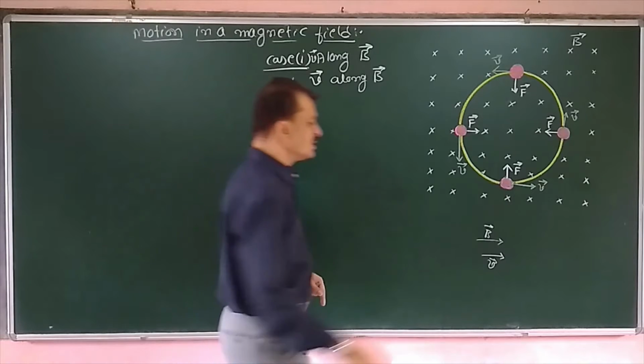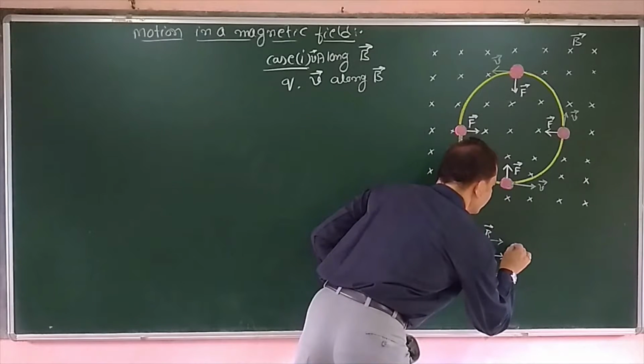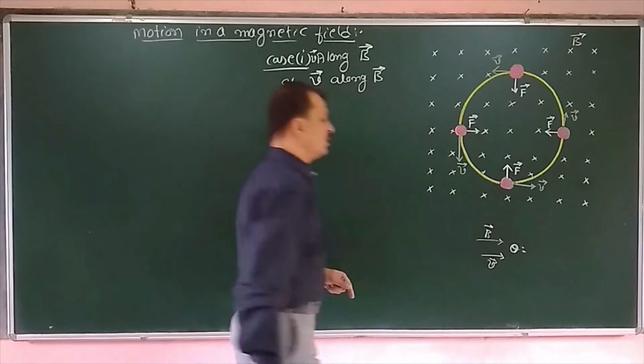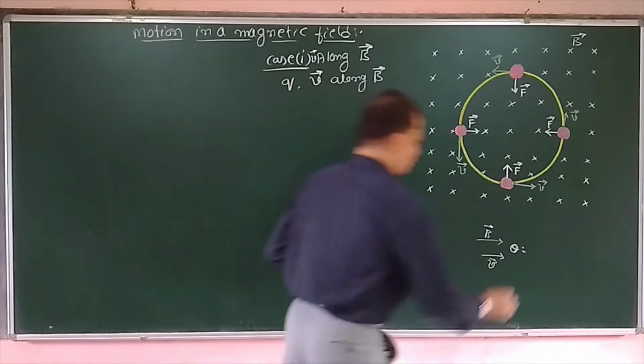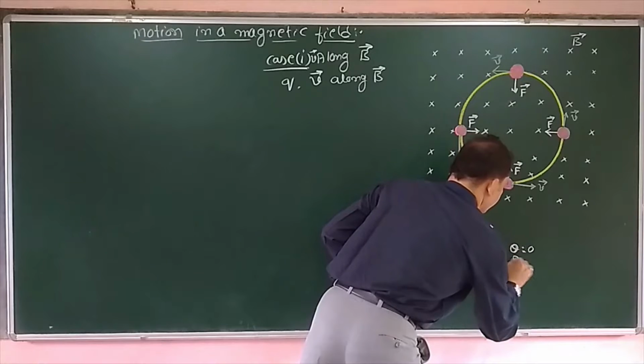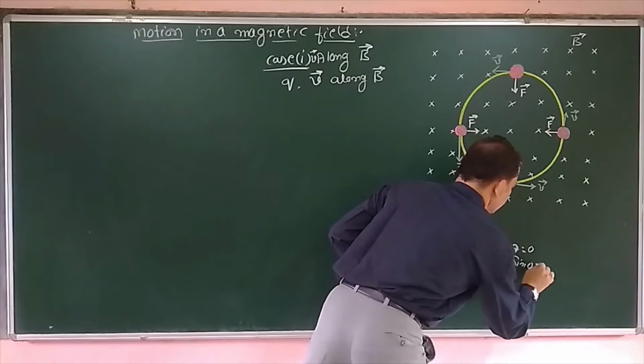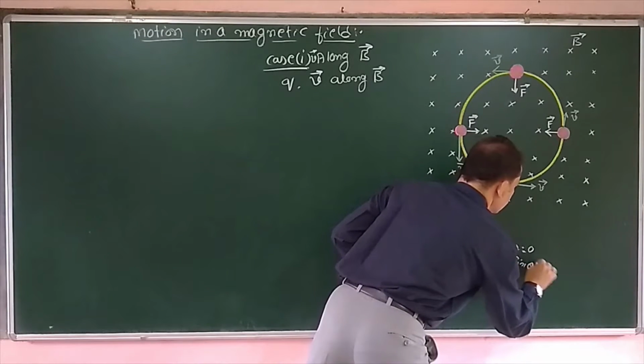If that is the case, then what is the angle theta between the velocity vector and the field vector? Theta is equal to 0. Then what is sine 0? Sine theta is equal to 0.